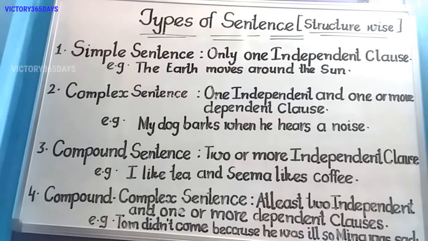He was ill is also an independent clause joined by a conjunction word because. So Meena was sad. Meena was sad is a dependent clause. It depends on why she was sad, what's the reason. So here two main clauses and one dependent, subordinate clause are there. So the overall whole thing is called a compound complex sentence.